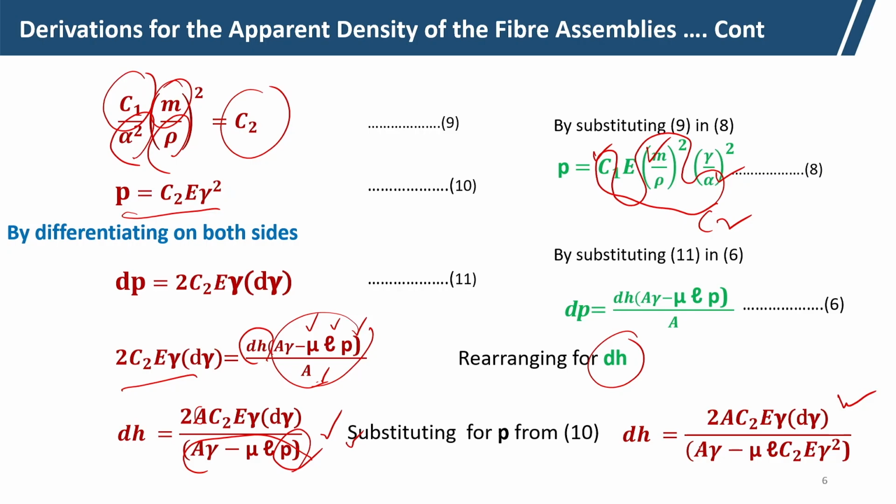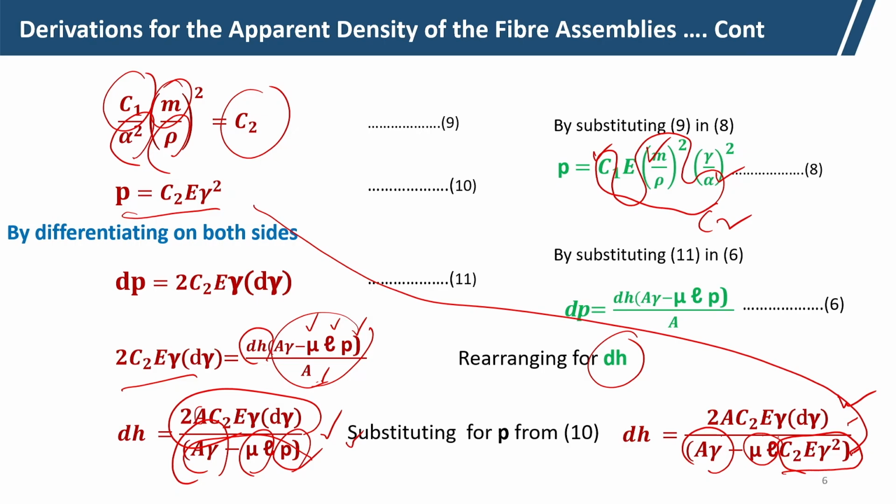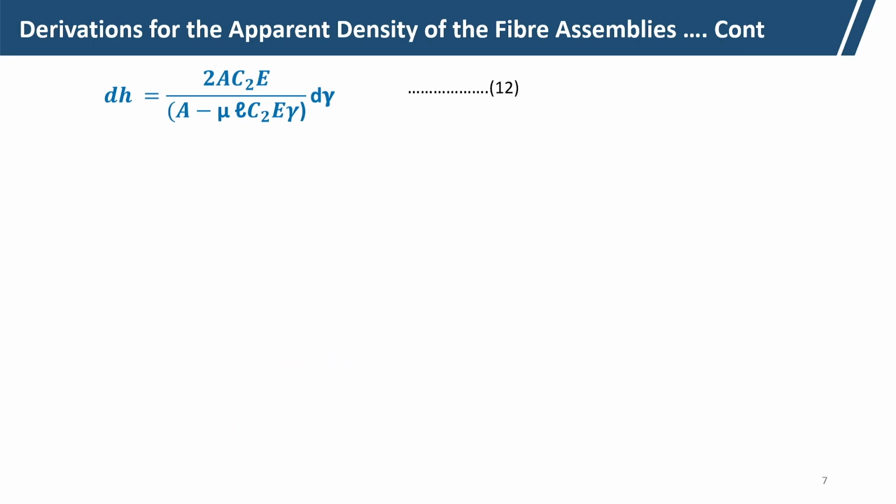So what is the equation? dH equal to 2A C2 E gamma d gamma, with A gamma here, mu L is there, and this C2 E gamma square we get from substituting P. This is the differential equation, as we have seen in the last slide.